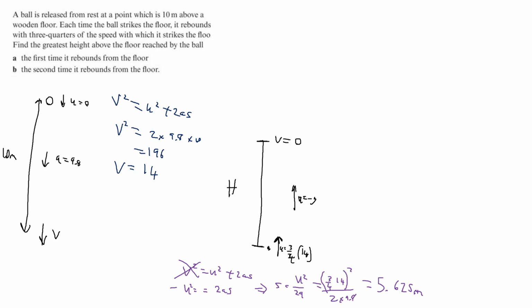Now, how are we going to find it the second time around? Well, now we need to find the velocity going downwards.